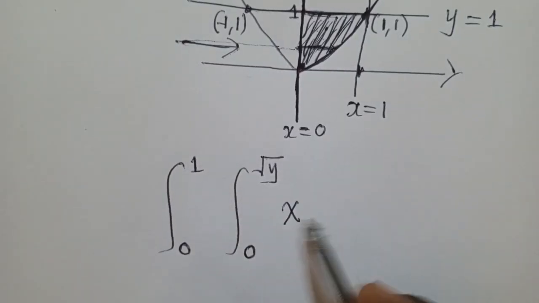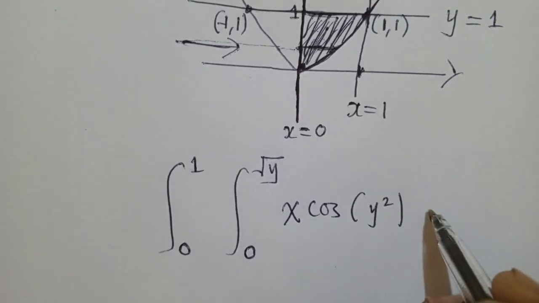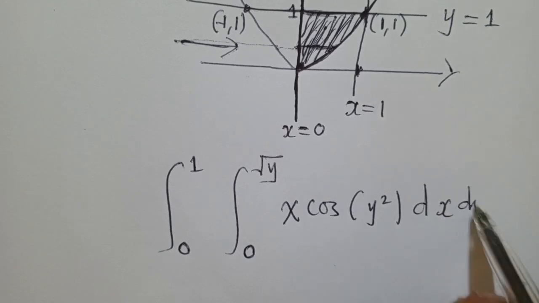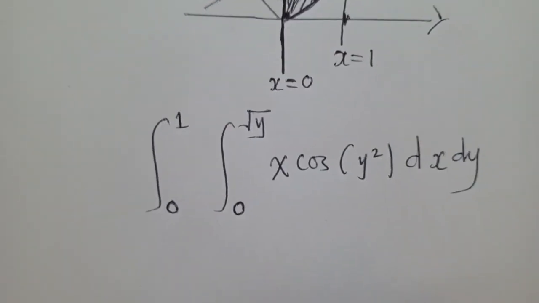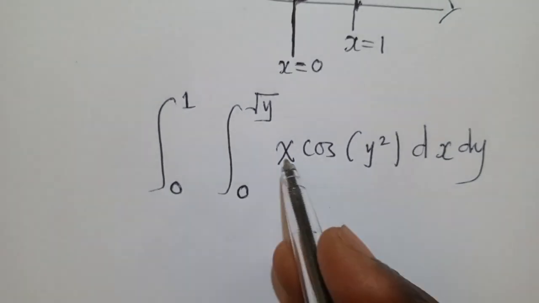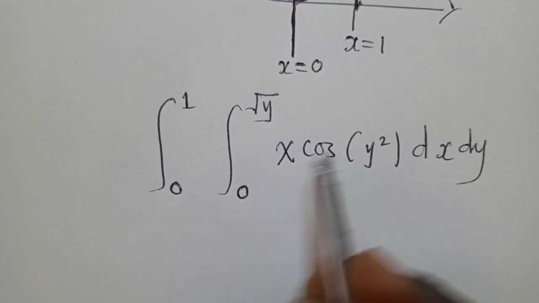Now we can write what we need to integrate. This time around we shall say dx and then dy outside. When we integrate here with respect to x, whatever has y will be treated as a constant.